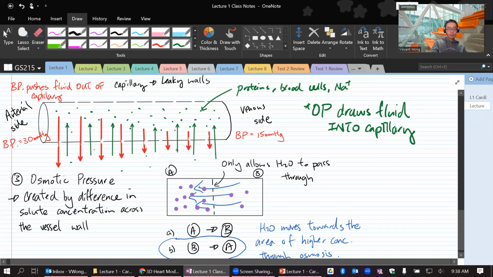I try to make them the same length. It's very difficult to draw on the computer, but hopefully you get the idea. So OP here, osmotic pressure on the arterial side, about 20 mmHg. Again, these are just hypothetical numbers. And on the right side, it's the same number. I told you there is not a significant change in the blood concentration from one side to the other. That's why it's the same on both sides.